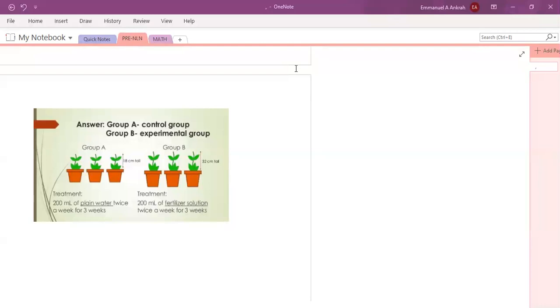Then number 10. It said this graph provides an explanation of, so A, engine knock. B, lead content of gasoline. C, diesel engine operation. And D, air pollution. So what do you think? And the answer is in the diagram.